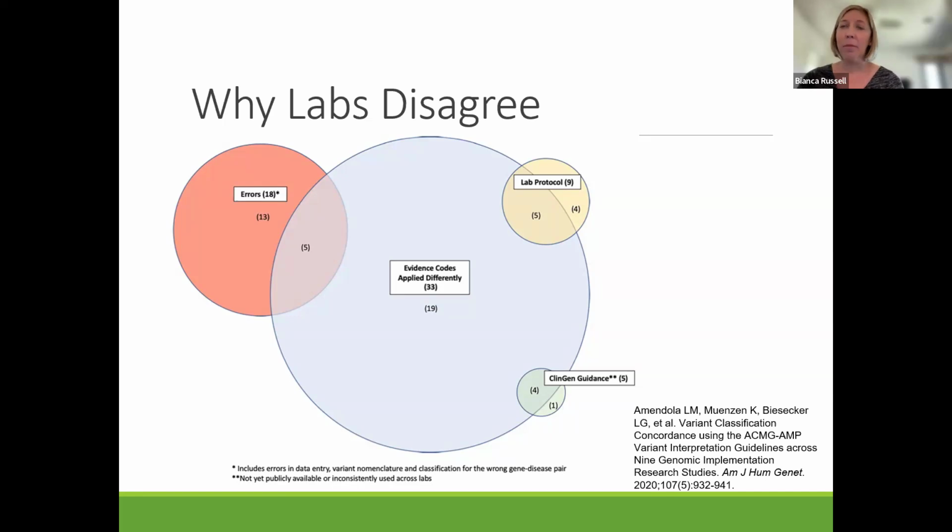You can see here that the big circle in the middle is those criteria we just went through, and that the labs apply them differently, and that is the biggest reason why labs disagree. There's a small chance of things like lab protocol issues or errors, but primarily it's that the interpretation part is done differently by each individual in each laboratory.